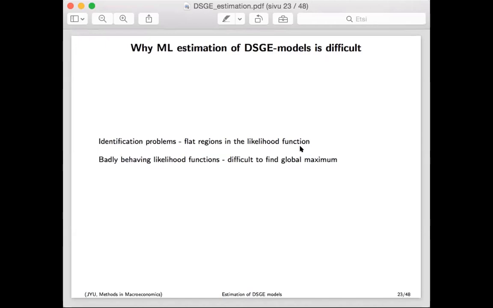Then the likelihood function of a DSGE model doesn't necessarily have a regular shape. There can be uphills and downhills, and then it's difficult to find the global maximum.